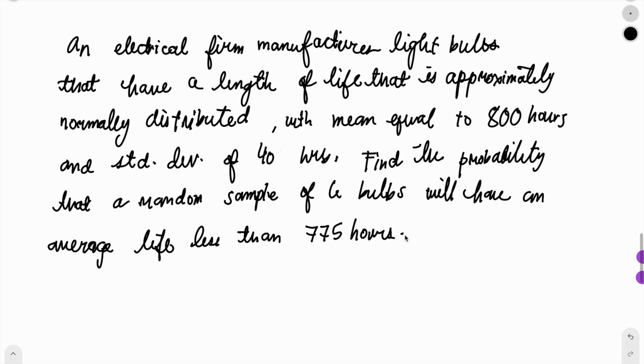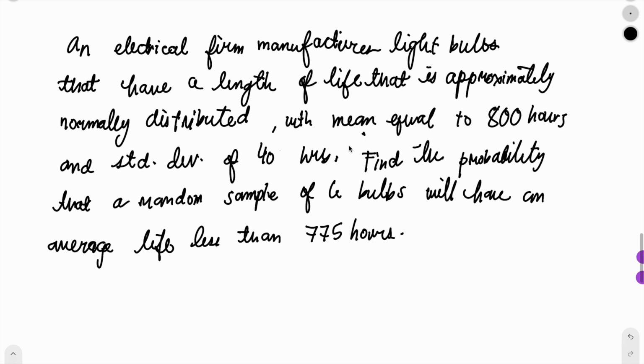So, class, obviously, here's the problem. An electrical firm manufactures light bulbs that have a length of life that is approximately normally distributed with mean equal to 800 hours and a standard deviation of 40 hours. Find the probability that a random sample of 6 bulbs will have an average life less than 775 hours.